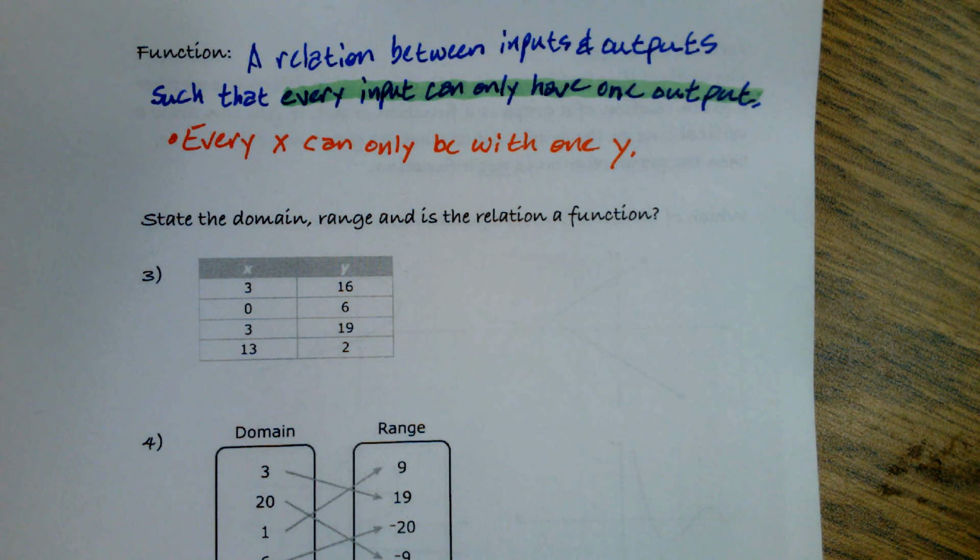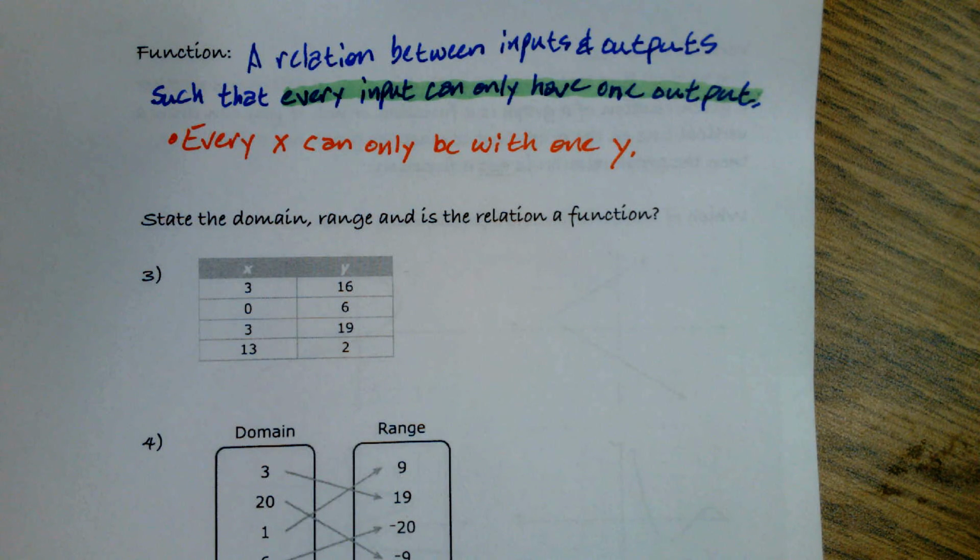Every x can only be with 1 y. If this is x, it can only be with 1 y. Is the reverse true, though? Can every y only be with 1 x? No, we're not saying that. And we're going to see that over and over again, that output values will be linked with more than one input value, and that's going to be okay for a function.